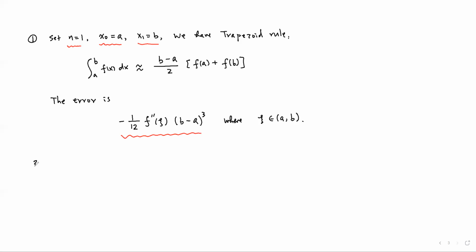Now today we study a second special case. Number 2. We said n is 2. We pick 3 roots. x0 is a, x1 is the midpoint of the interval AB, (a plus b) over 2, and x2 is the right endpoint of the interval AB.